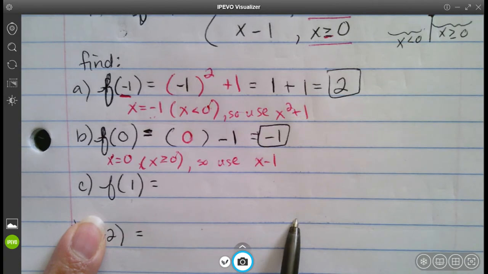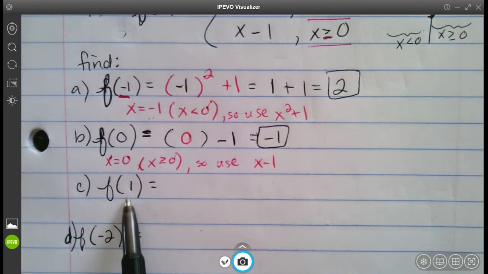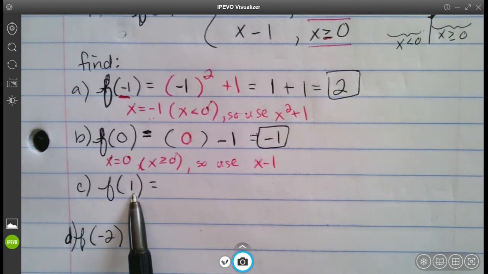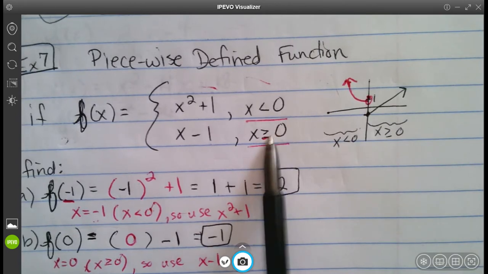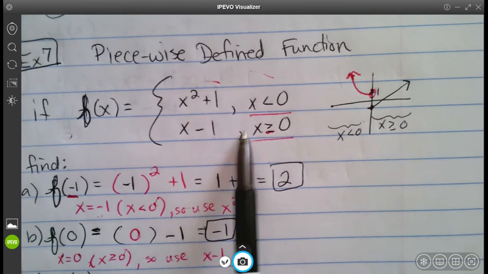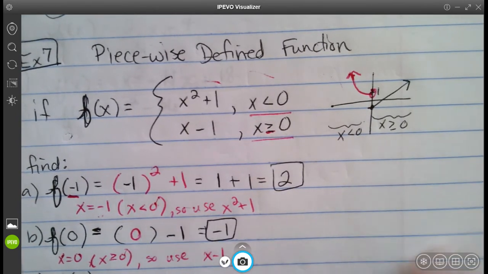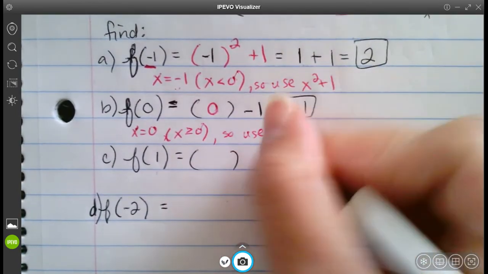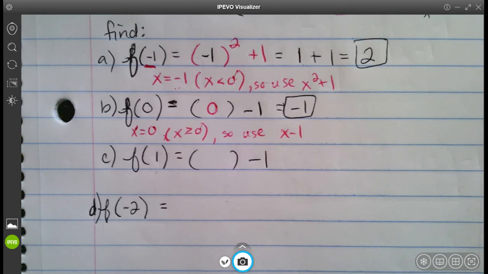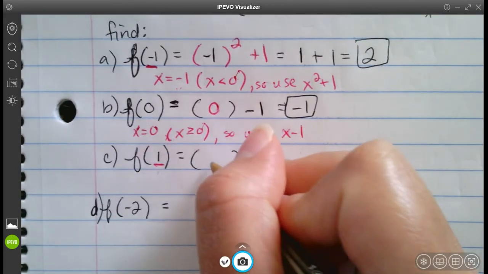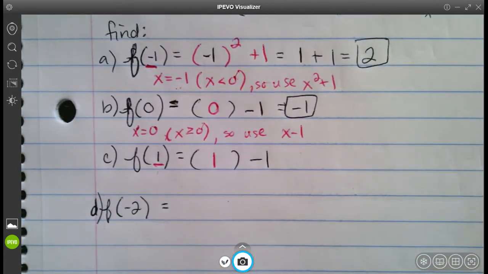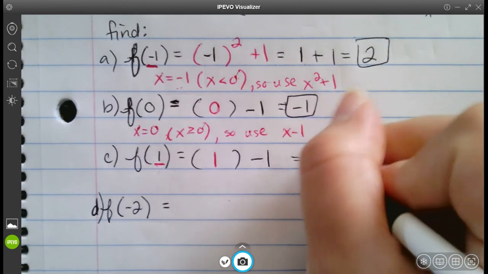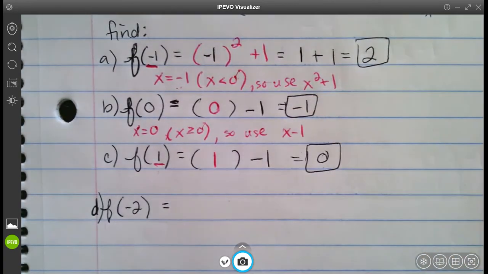I'm not going to write it this time. Hopefully you can follow me a little bit better. 1 is going to fall here because 1 is bigger than 0. So we're going to use this one again, x minus 1. Okay, so we're going to do parentheses minus 1. My x is just a 1. So 1 minus 1 is 0.